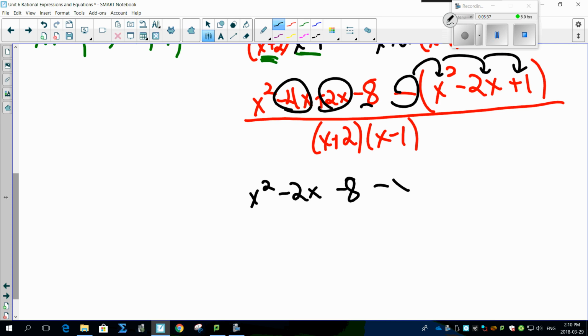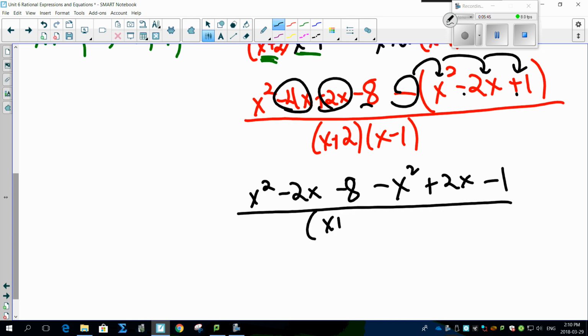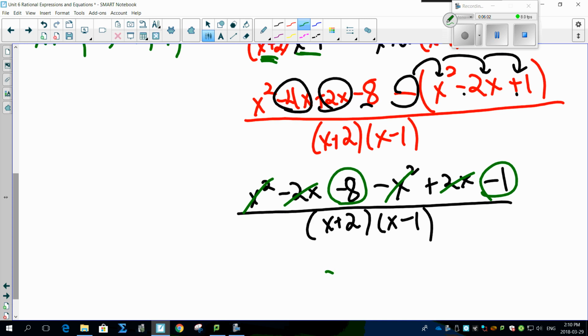Distribute this to give you minus x squared plus 2x minus 1 all over this mess of x plus 2, x minus 1, and let's combine some like terms. Oh, look at that. Our x squares cancel out again. We have a minus 2x that cancels out with a positive 2x. We have a minus 8 and a minus 1 to give us, get this, minus 9 over x plus 2, x minus 1.